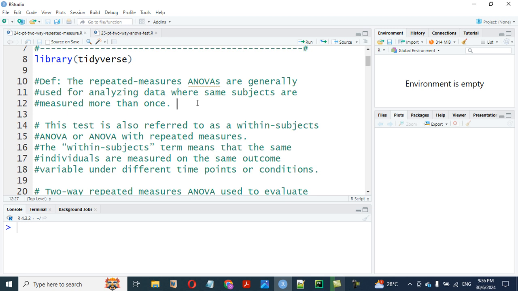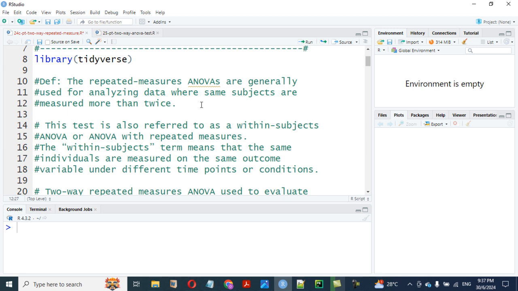That means that is twice. So I can correct myself now: more than twice. If I say more than once, it means a paired t-test falls into the category, which is not supposed to be like that. So when we are dealing with more than twice, it means we are dealing with repeated measures. But for twice, the paired t-test is sufficient to handle that.